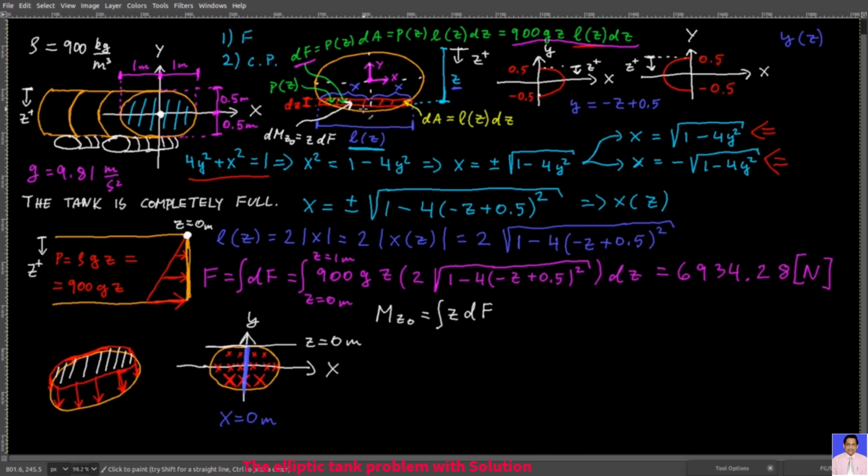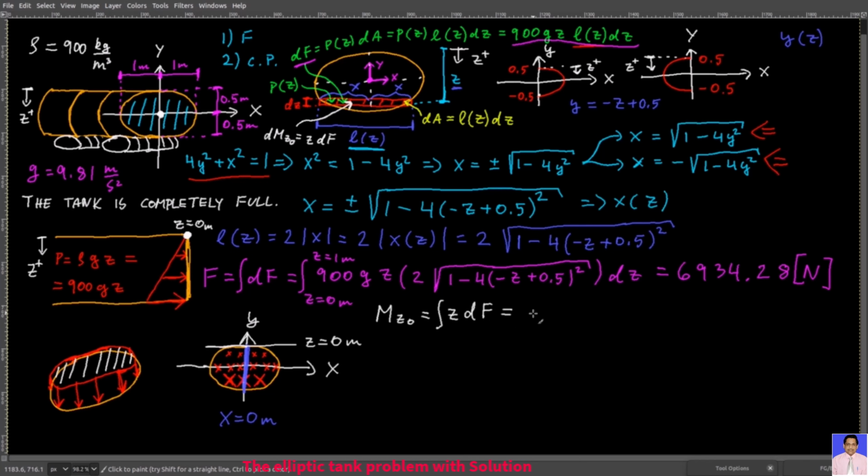And then you have to do the same thing for all the narrow strips. Take their df, multiply by their corresponding Z, and then you add up all these products. So you integrate this equation.